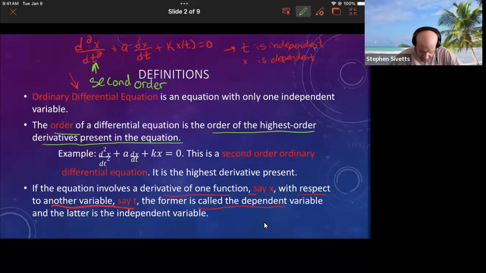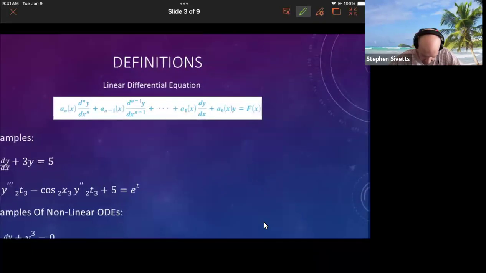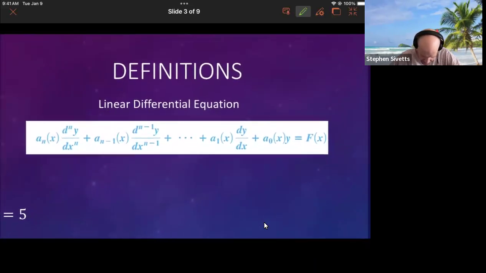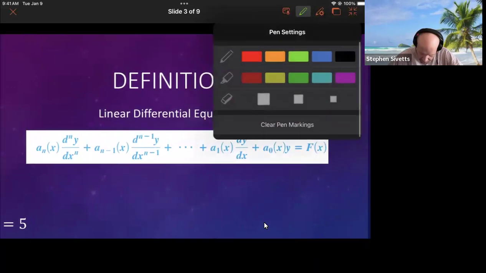And then lastly, there's what's called a linear differential equation. A linear differential equation looks like this form.